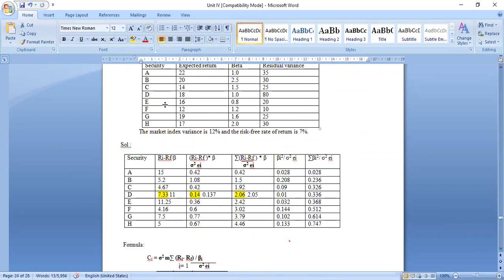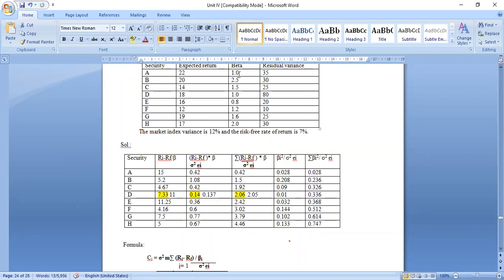Okay. So now I will just show how to calculate this Ri minus Rf divided by beta. The same you can do in the calculator. Now expected return is all about Ri. Rf is nothing but 7%, that is the risk-free rate of return, divided by the beta of the individual security. Okay. So you have 22, that is expected return, minus risk-free rate of return 7, which will give you 15, divided by beta 1.0.